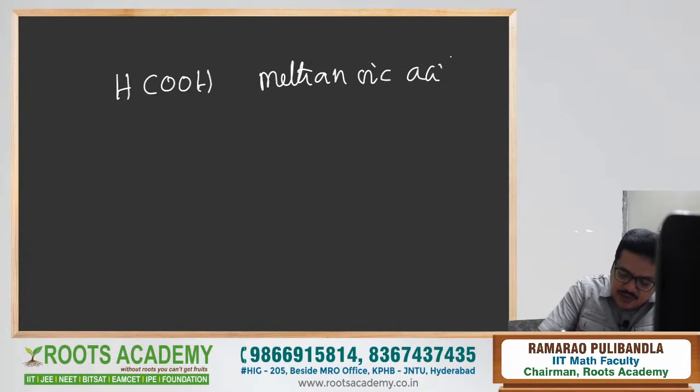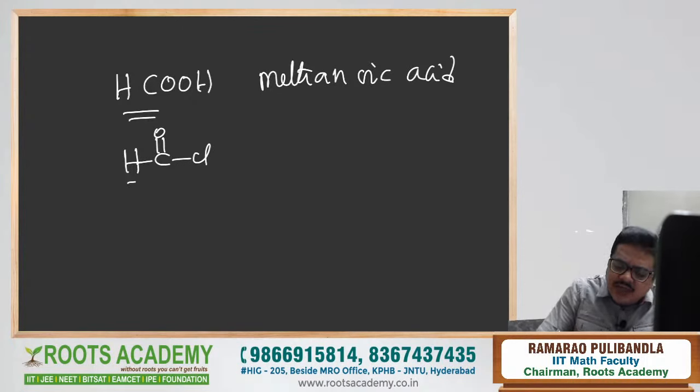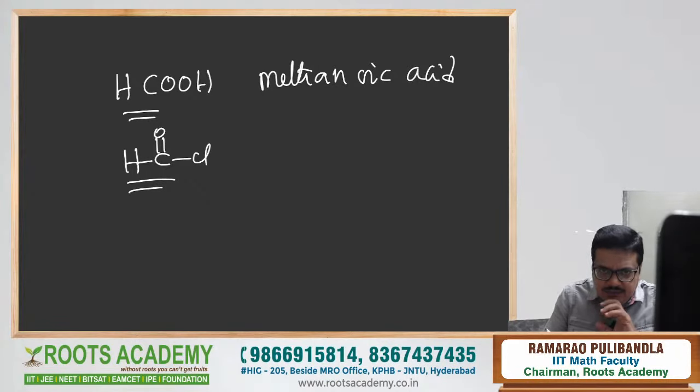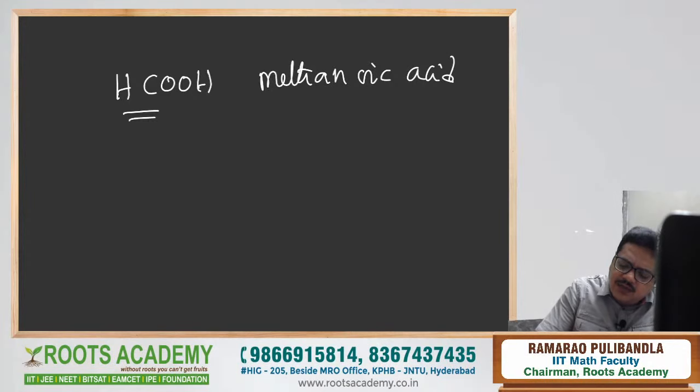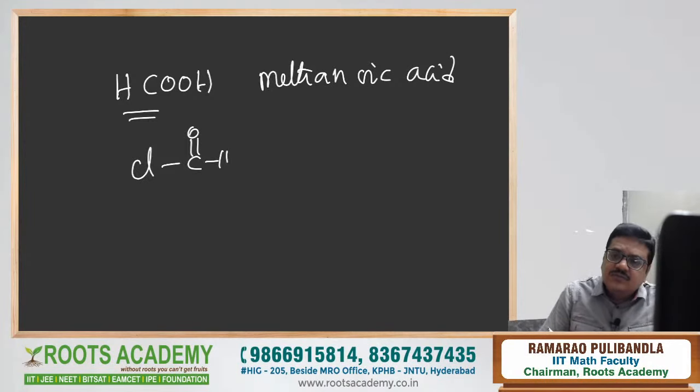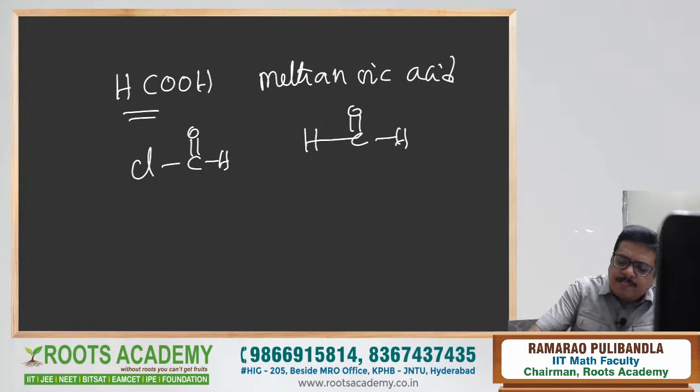If I am saying HC double bond O, Cl, then what is its IUPAC naming? Or, I am sorry, I want to write like this again. Cl, C double bond OH. If I am saying HC double bond OH, this is called methanol.